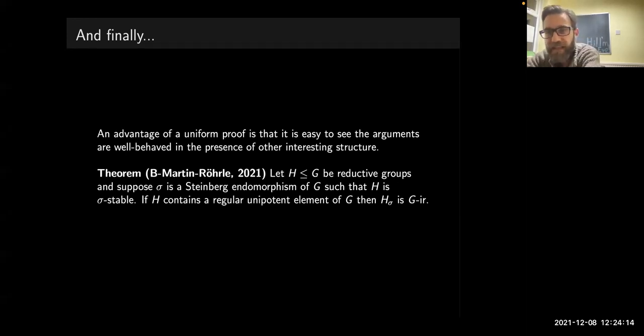What this is telling you is, if you're interested in finite subgroups of reductive groups, and you want to find nasty examples, and such examples do exist, of finite subgroups which contain regular elements but are somehow not irreducible, you're not going to find them by taking fixed points of Frobenius maps or anything like that. That's not going to work.